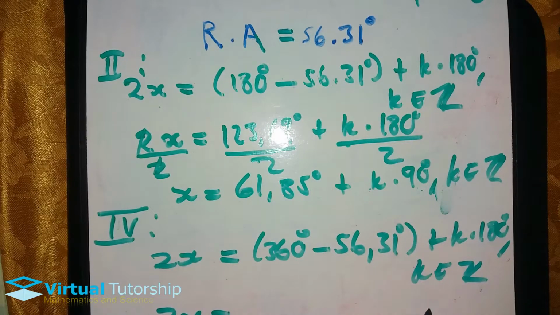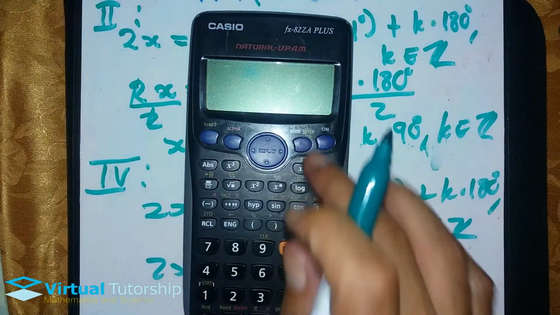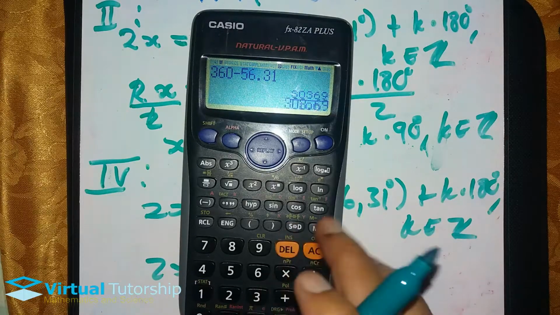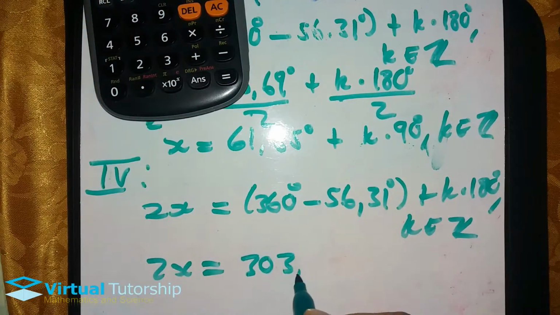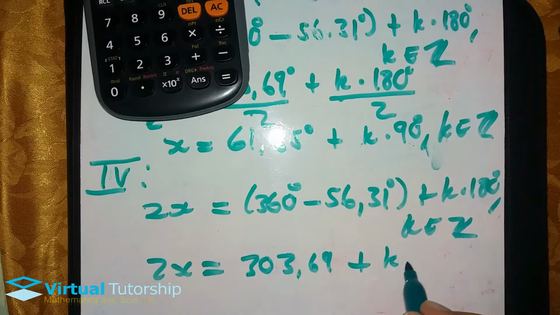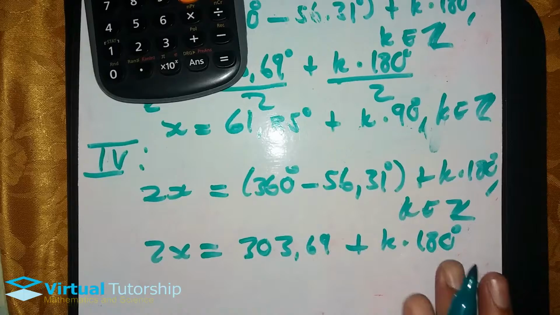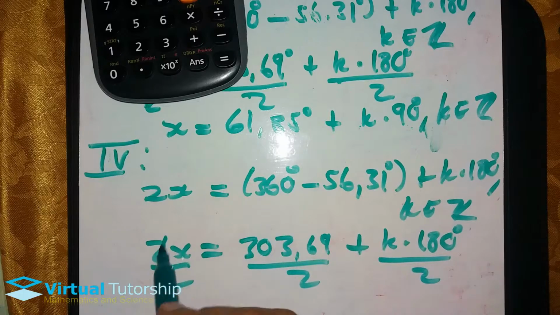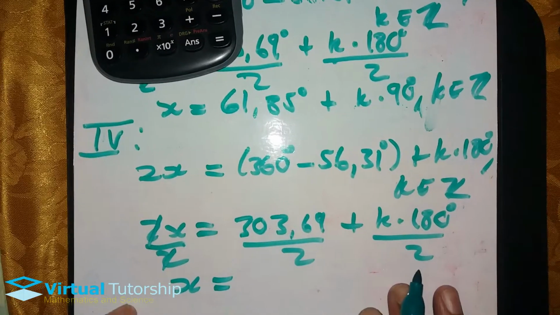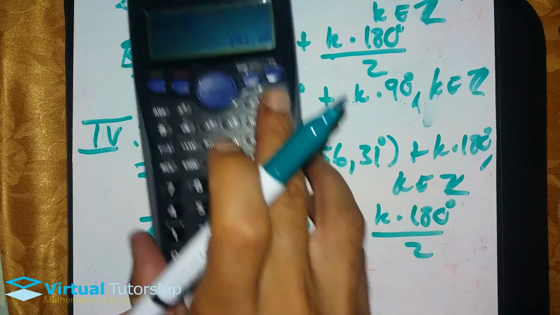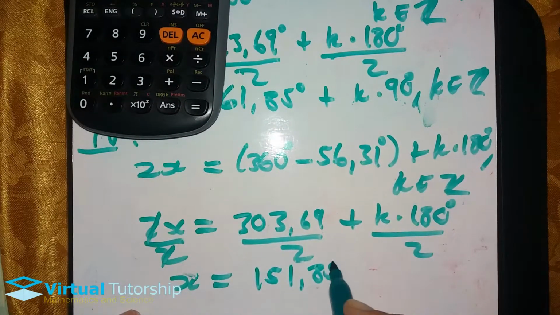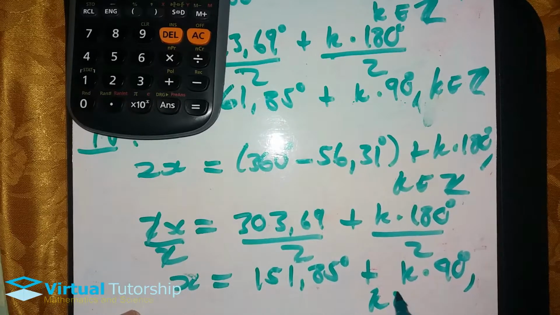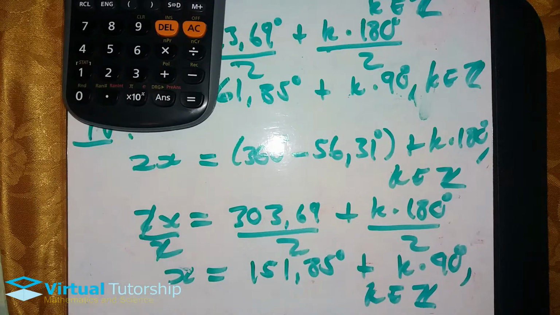So it's 2x equal to 360 minus 56.31 is equal to 303.69 plus k times 180 degrees. Divide each term on the right hand side by 2: 303.69 divided by 2 is 151,85 degrees plus k times 90 degrees, where k element yama integers.